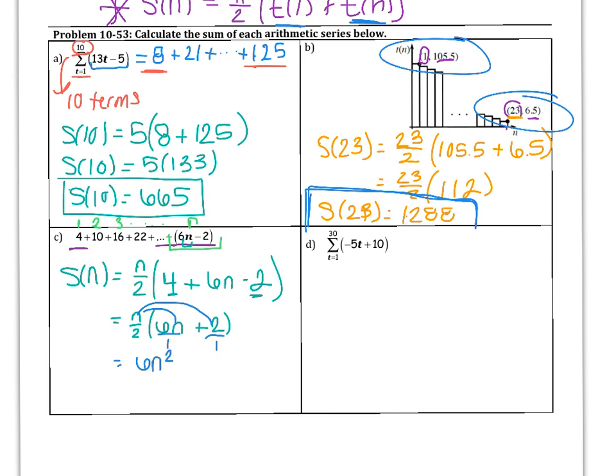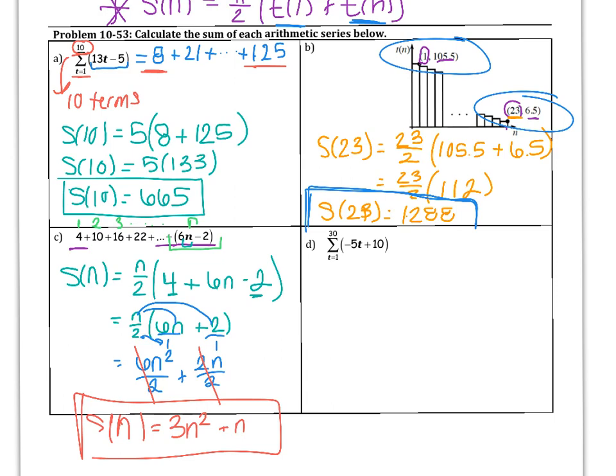And I did make a mistake if you're confused here. I forgot to multiply this 2 by that 1. So this is 6n squared over 2 plus 2n over 2. And then we have our final simplified sum. Okay, so 6 over 2 cancels, so 3n squared plus n. So this is the formula for the sum of the first n terms.